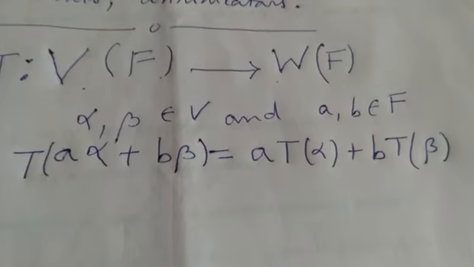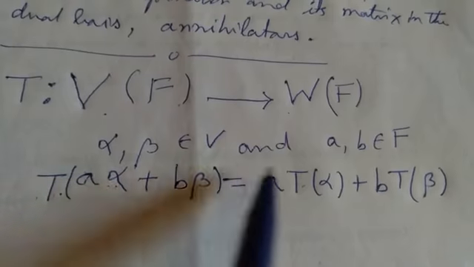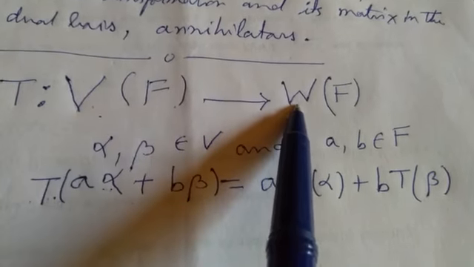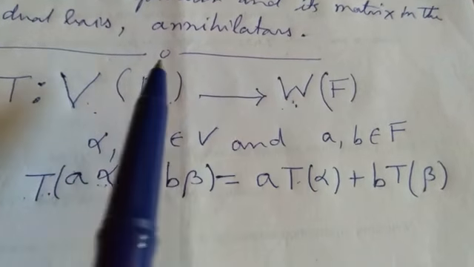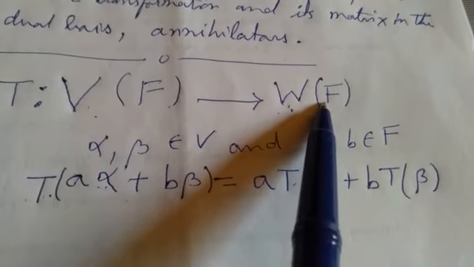In such a case, we call T a linear mapping or linear transformation from the vector space V to the vector space W, provided this mapping is defined only when both the fields are same.